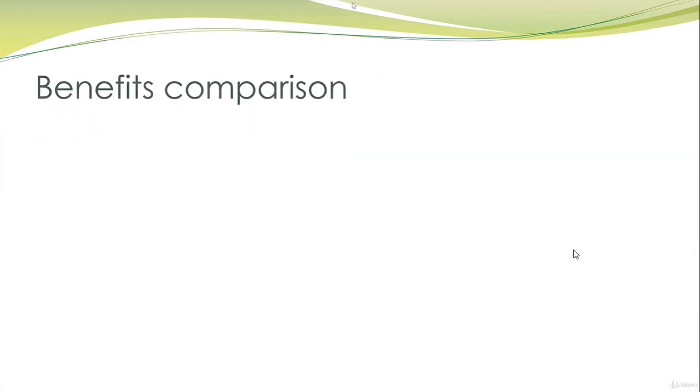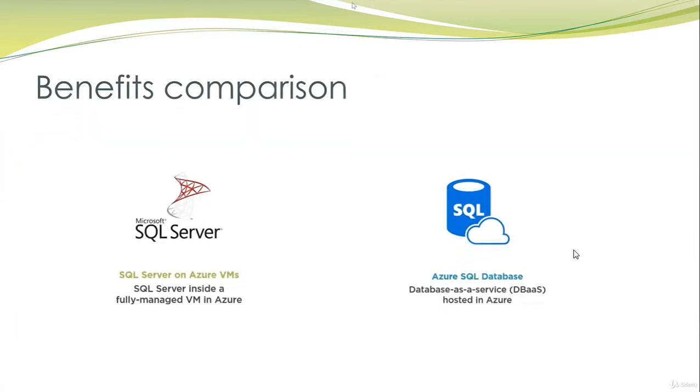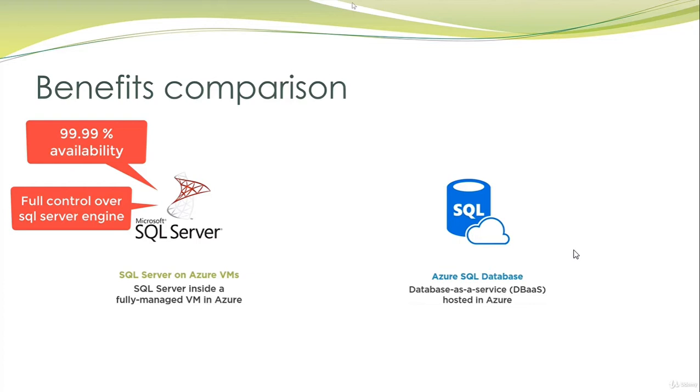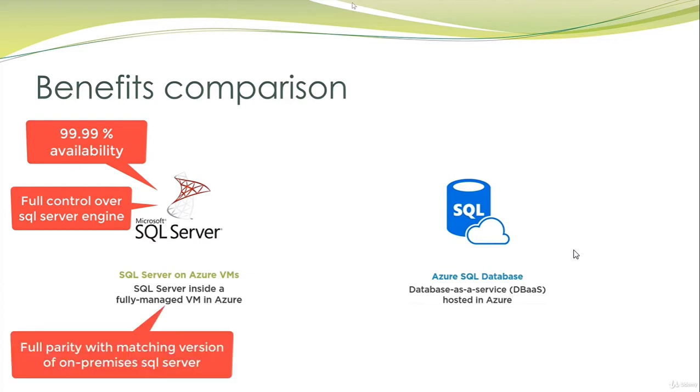Now, let's look at the benefits of both database offerings. For SQL Server on a virtual machine, Microsoft guarantees 99.95% availability. As you saw, we have full control over the SQL Server engine. There's a full parity with the matching version of on-premises SQL Server.